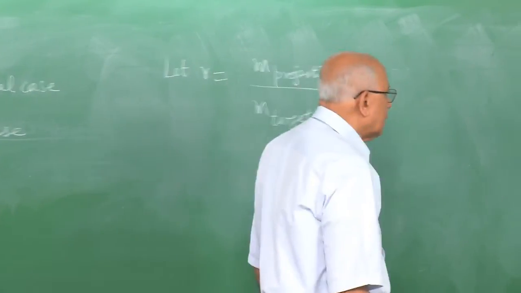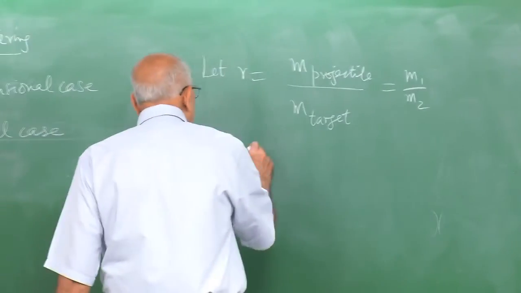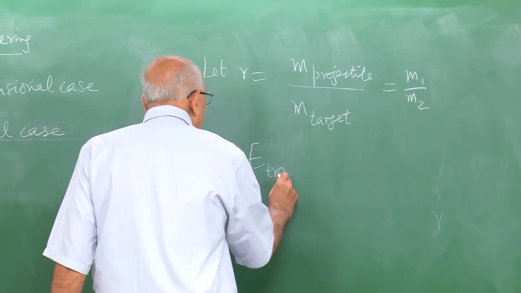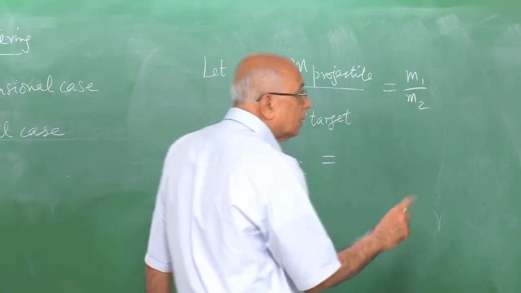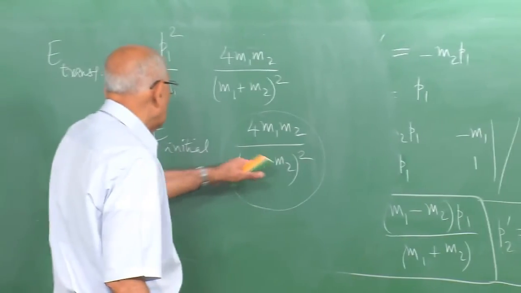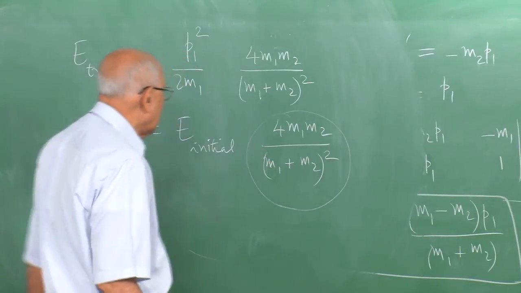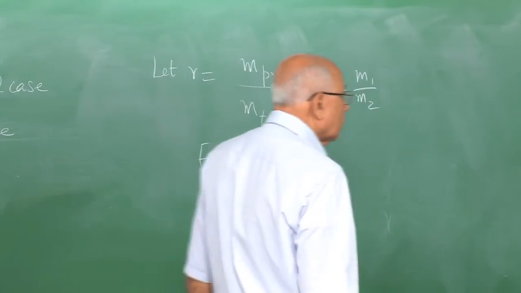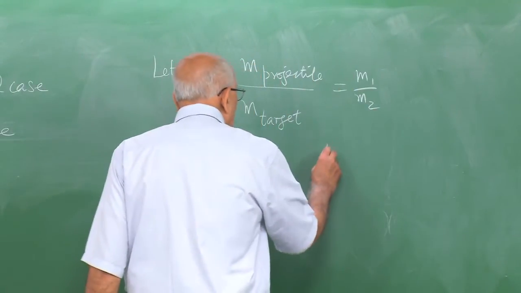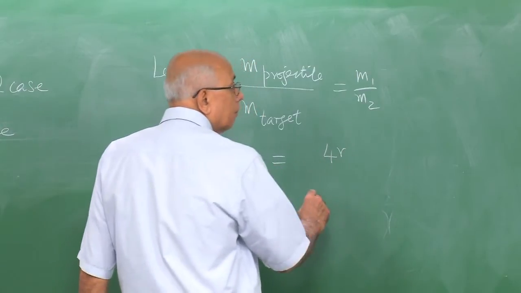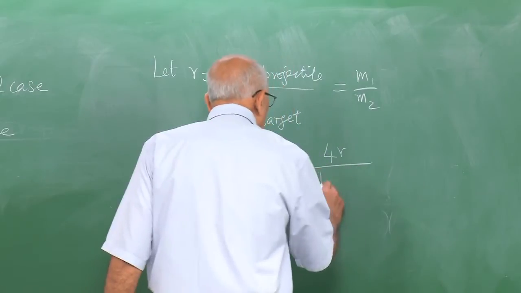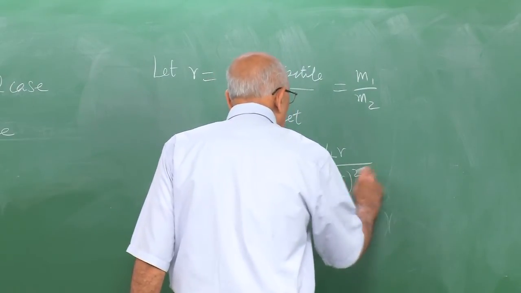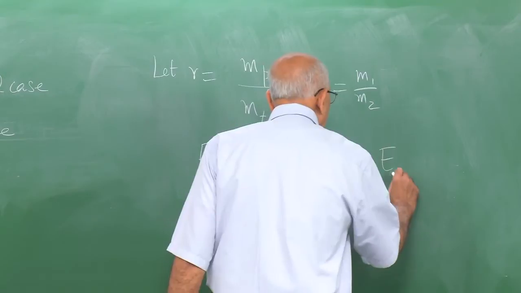Then our fundamental relation says the energy transferred is equal to the initial energy multiplied by, I pull out an m1 here or an m2 here and write this as m1 divided by m2. So if I do that, this is equal to 4r divided by 1 plus r the whole squared times E initial.